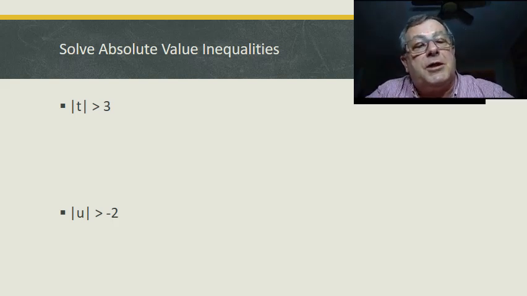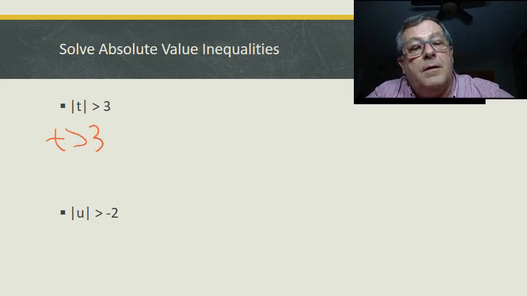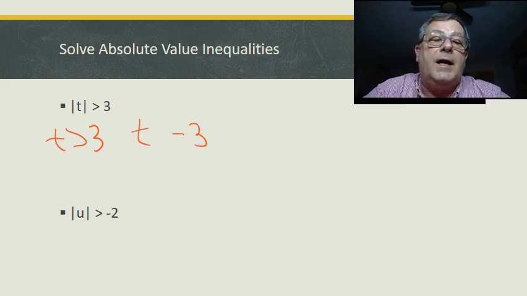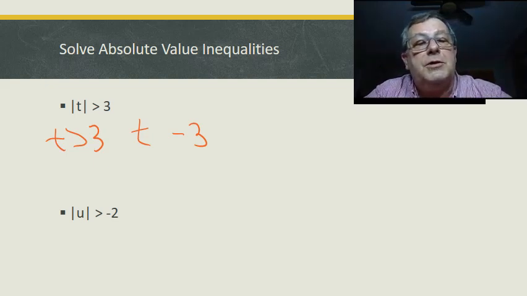So let's set up our two cases. I'm going to have t is greater than 3, and then I'm going to set t equal to -3, and what have I got to do again? I've got to flip, rotate, invert, whatever word you want to use, reverse that inequality symbol, so it's going to be t less than -3.